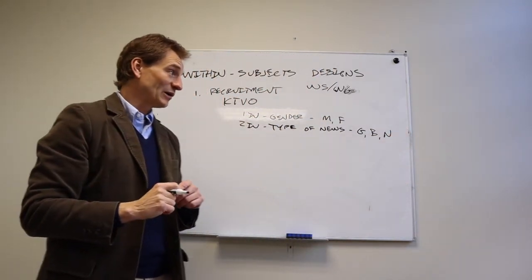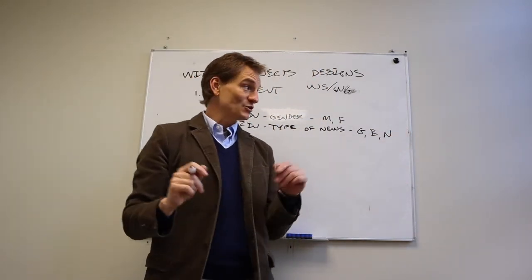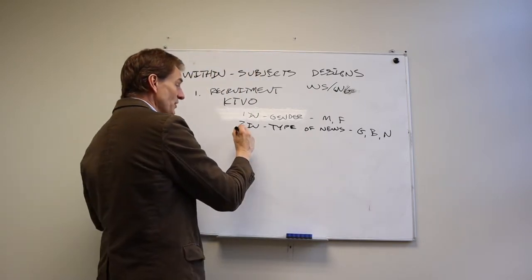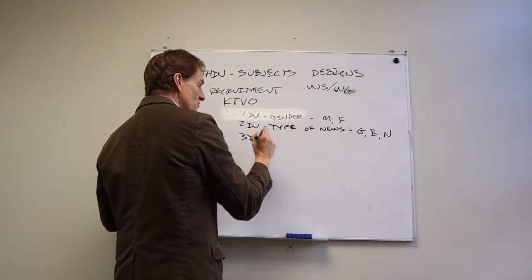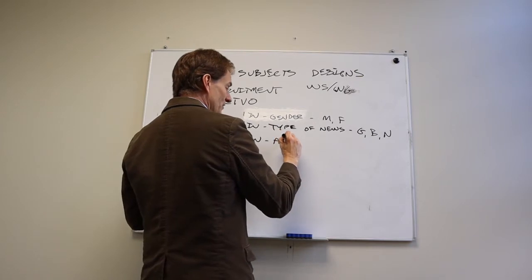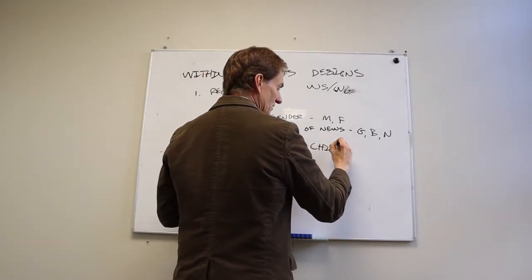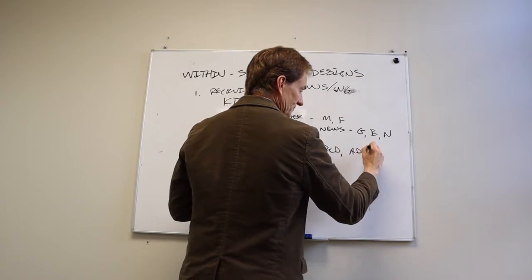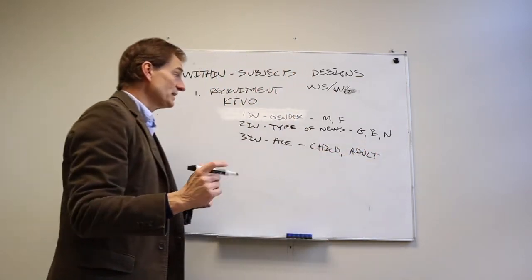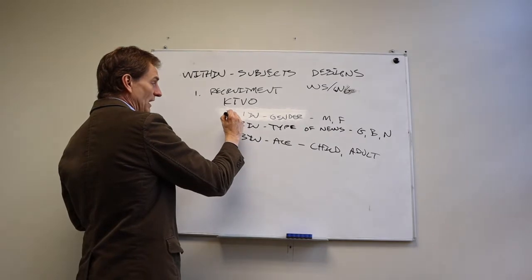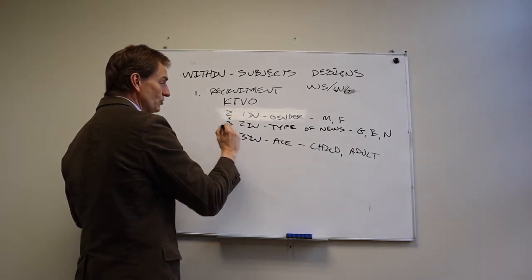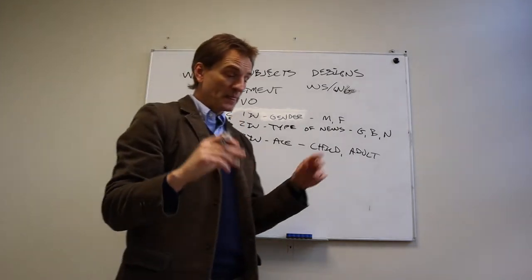And you can make up your own examples for good, bad, and neutral news. And then the third independent variable is we could manipulate the age of the newscaster. And so we could try this with a child or an adult. So this is a 2 by 3 by 2 factorial design.